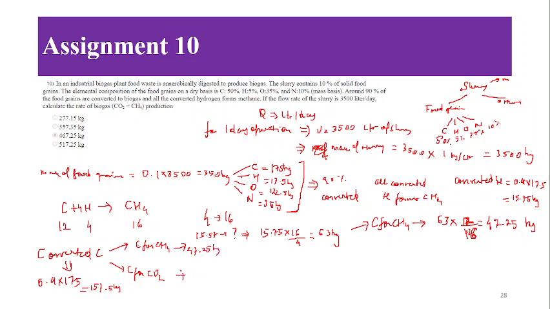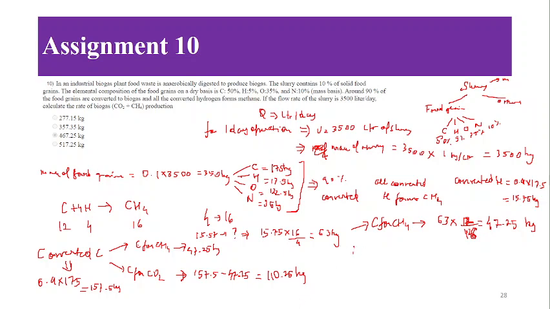So we can get this value as 157.5 minus 47.25, which is 110.25 kgs. So this is the carbon utilized for CO2.